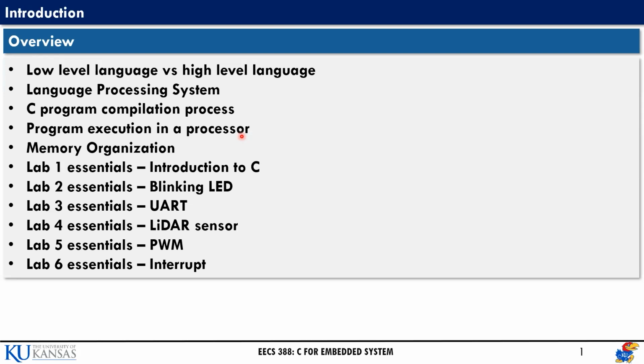Then we'll briefly overview how that C program we wrote is gonna execute in a processor or a CPU. And finally, we're gonna talk about the memory organization, how memory is connected with our CPU, and how it efficiently collects all the data from the memory and does the operation.